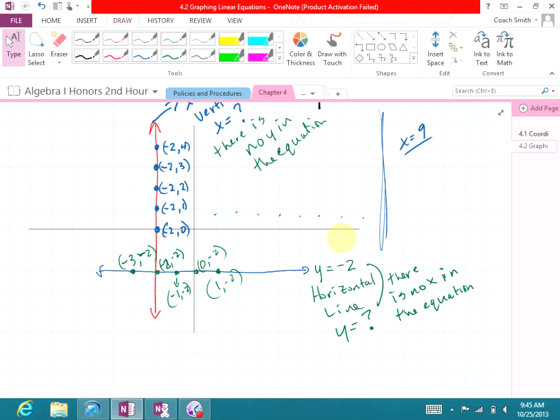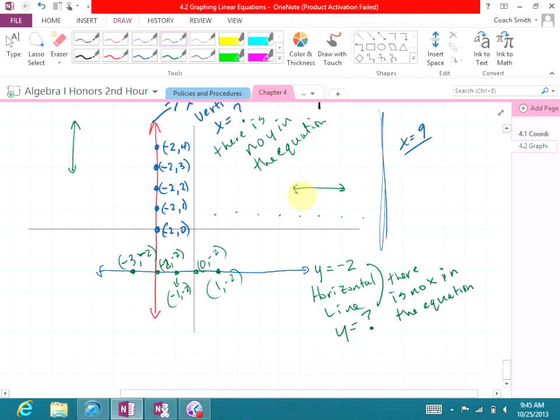Yes, Owen. No, a vertical line could be, they could give you a vertical line that looks like that right there, and it doesn't really cross anything. Okay, they could give you a horizontal line that goes like that right there.